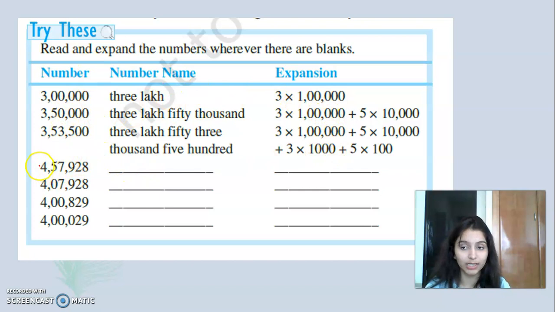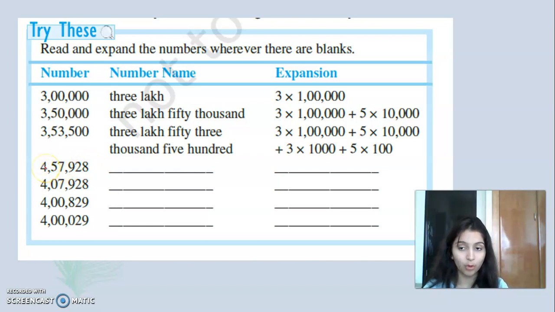So let's try this one. This, you know, is 4 lakhs. There's 4 in the lakhs place. There's 5 in the 10,000s place, 7 in the thousands place, and then 9 hundreds, 20, and then 8.